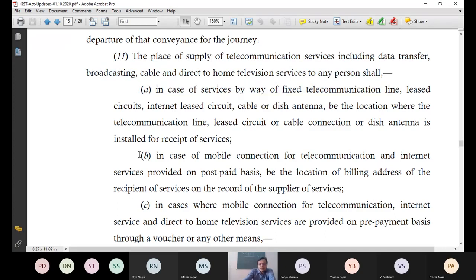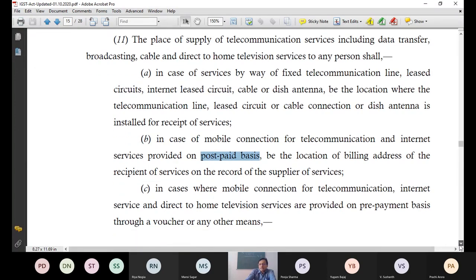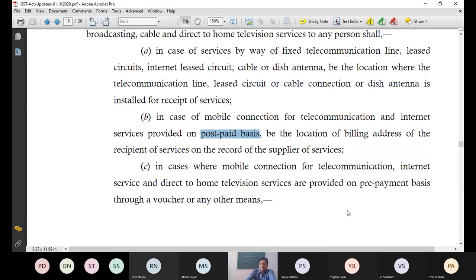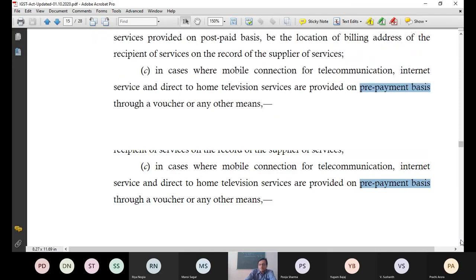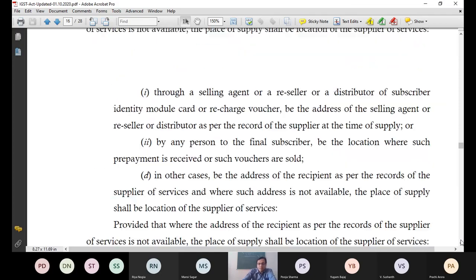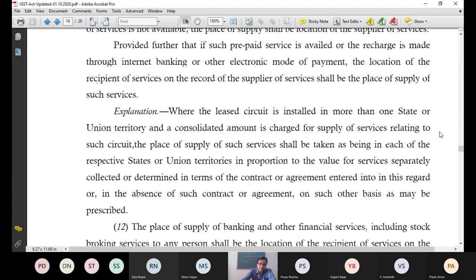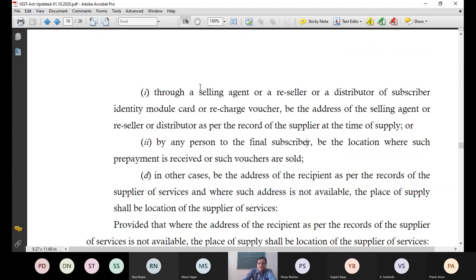Similarly, clause B talks about postpaid. Same provisions which I have told you. Clause C talks about prepaid. See the word prepaid. Within prepaid, you have three different categories. Selling agent was subclause 1.